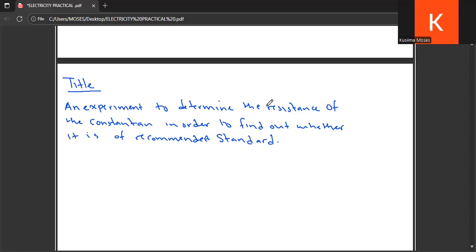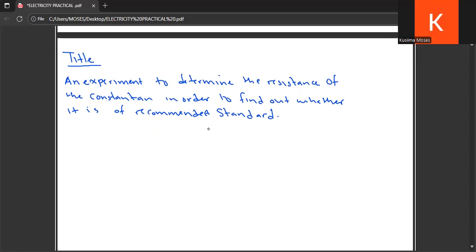Now, what follows here is supposed to be the hypothesis. I talked about this last time, that the hypothesis is like an estimate, an approximate value of the quantity that you are investigating.